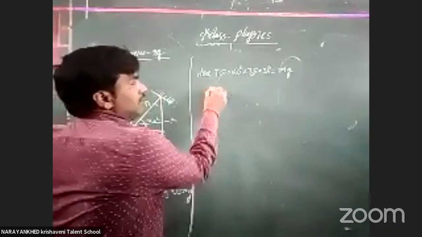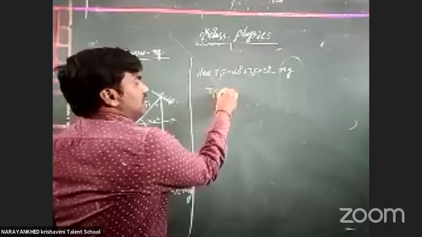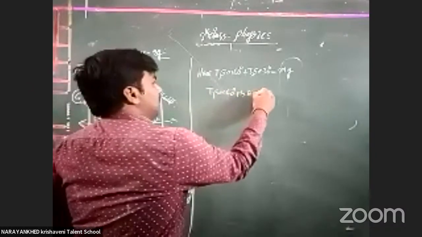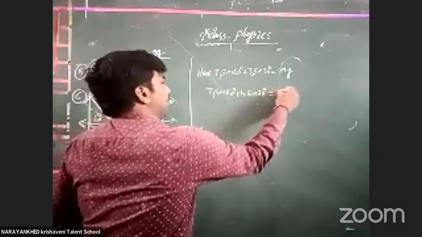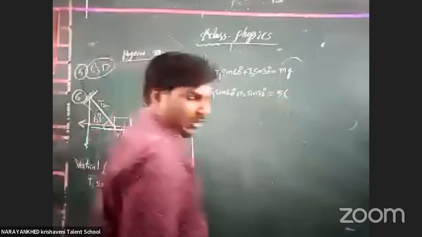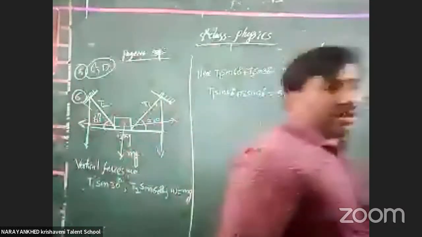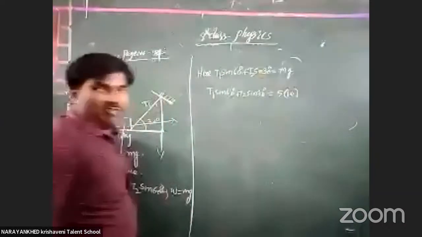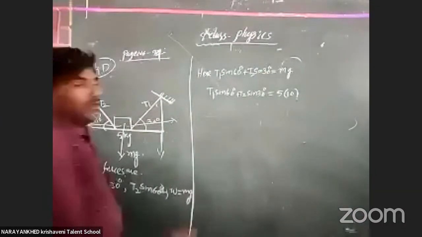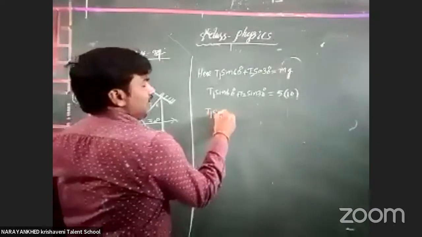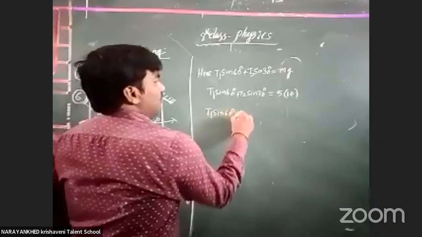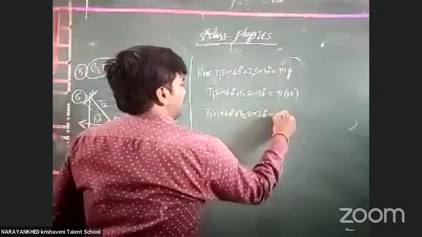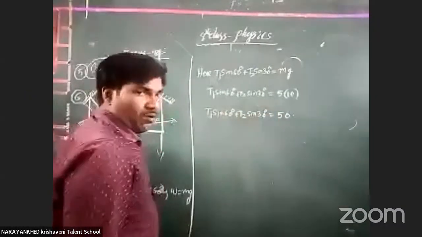And what is the mass here? 5 kg is considered, and the g value is 10, as already given. G is taken as 10. Got it or not? Now T1 sin 60 degrees plus T2 sin 30 degrees is equal to 50.